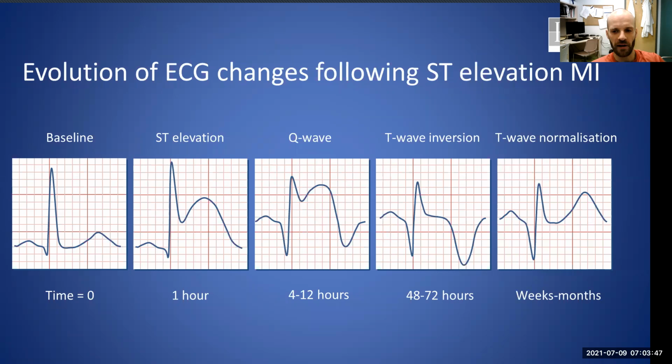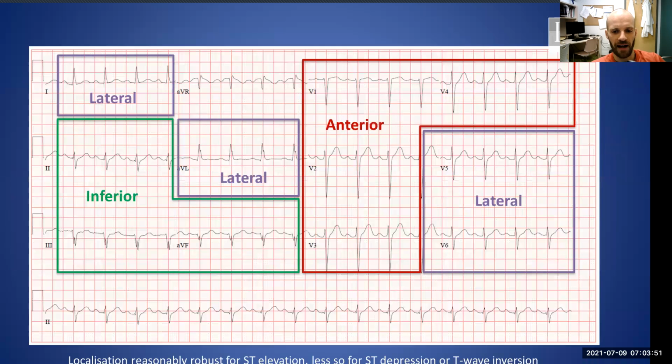So that's the sort of pattern that we get with an ST elevation MI. And we can make a pretty good guess at which part of the heart is affected and which coronary artery is causing it by looking at the region of the ECG that's affected. Our inferior leads, which point downwards, are leads 2, 3, and AVF, and they're normally the right coronary artery or potentially the circumflex.